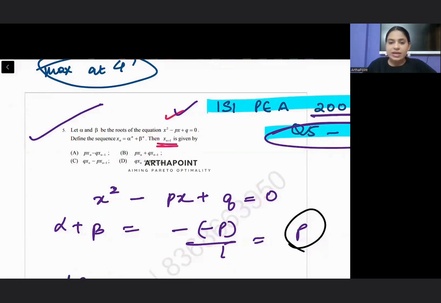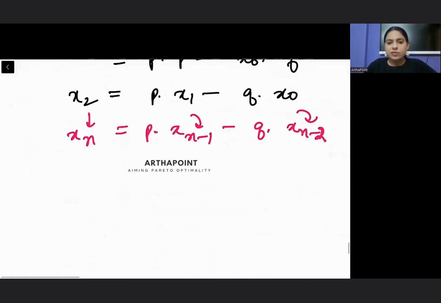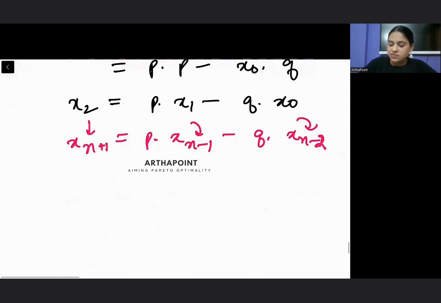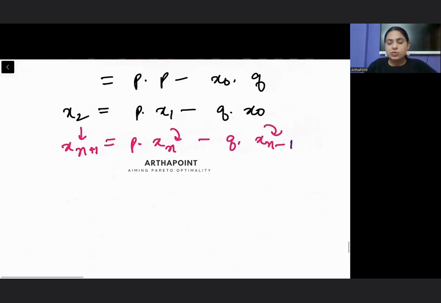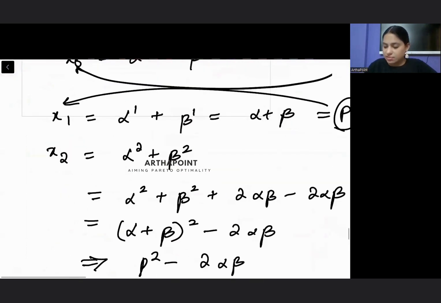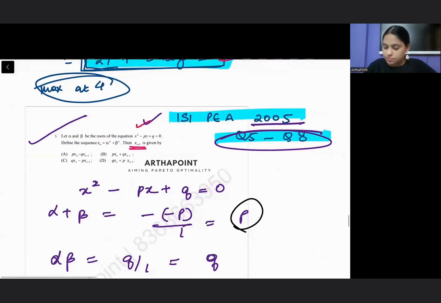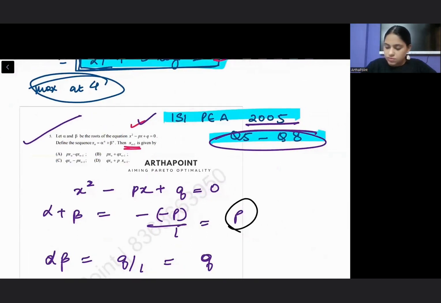This is asking me for n plus 1, so I can write it for n plus 1 also: n plus 1, n, and n minus 1. So I will get xn plus 1 is equal to p xn minus q xn minus 1. That's the answer to this question.